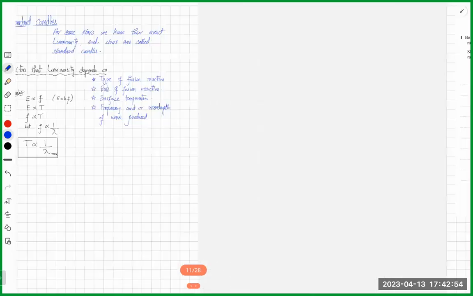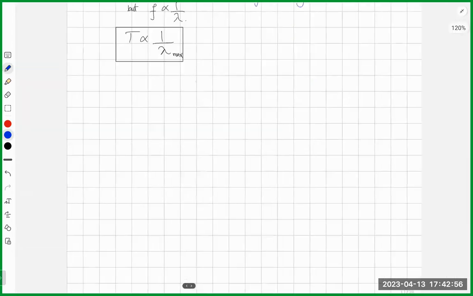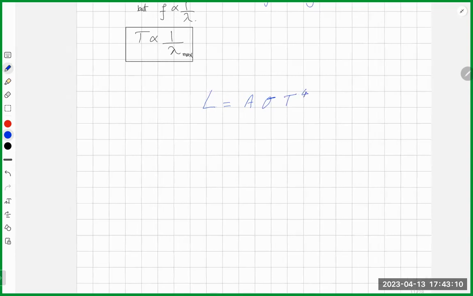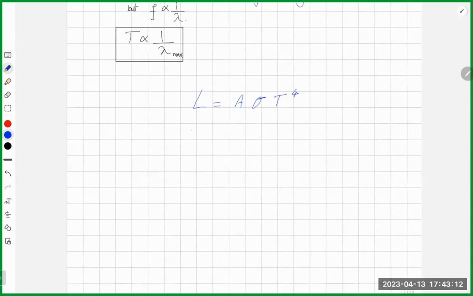One formula is left. There we go. That luminosity equals area times sigma times temperature to the power 4. Because the area will always be in the form of a sphere, it will be 4 pi r squared.